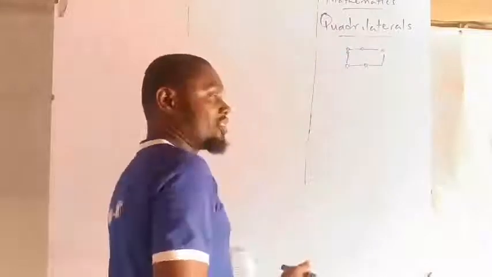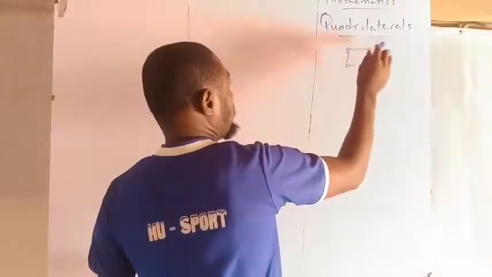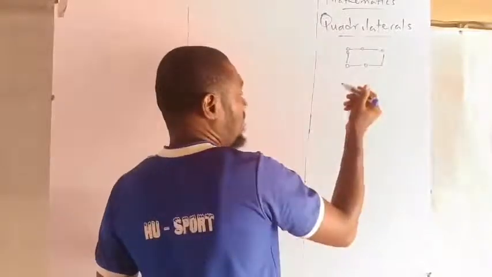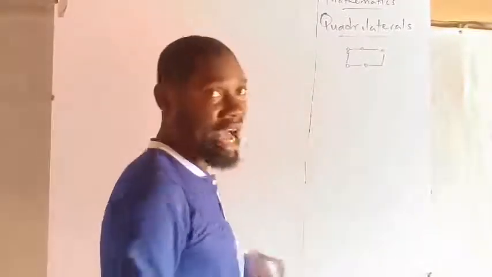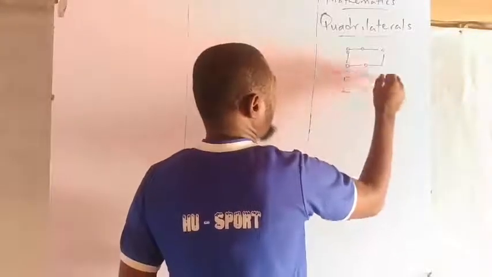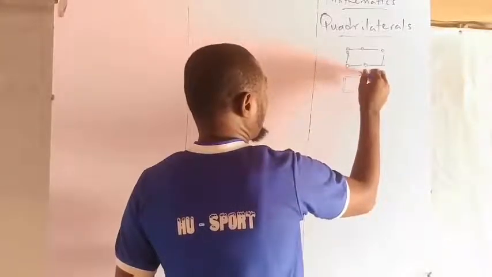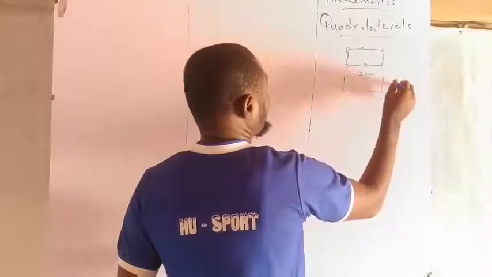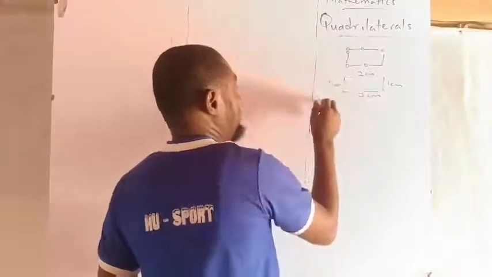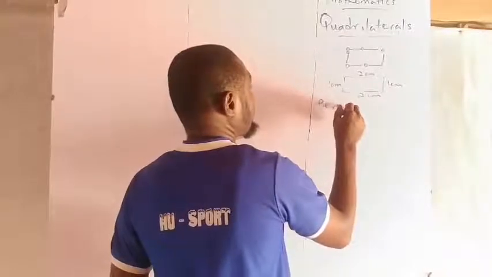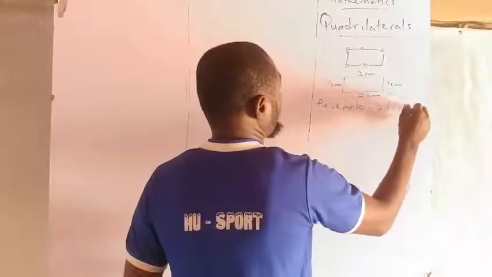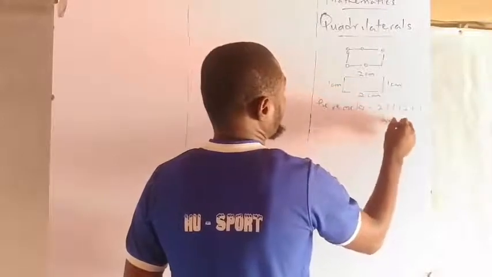If I count all the sticks, I have 1, 2, 3, 4, 5, 6. I have 6. So that is what we do in mathematics when we draw a rectangular shape and decide to put 2 centimeter here, 1 centimeter, 2 centimeter, 1 centimeter, and the perimeter is simply 2 plus 1 plus 2 plus 1, which will give us 6 centimeter.